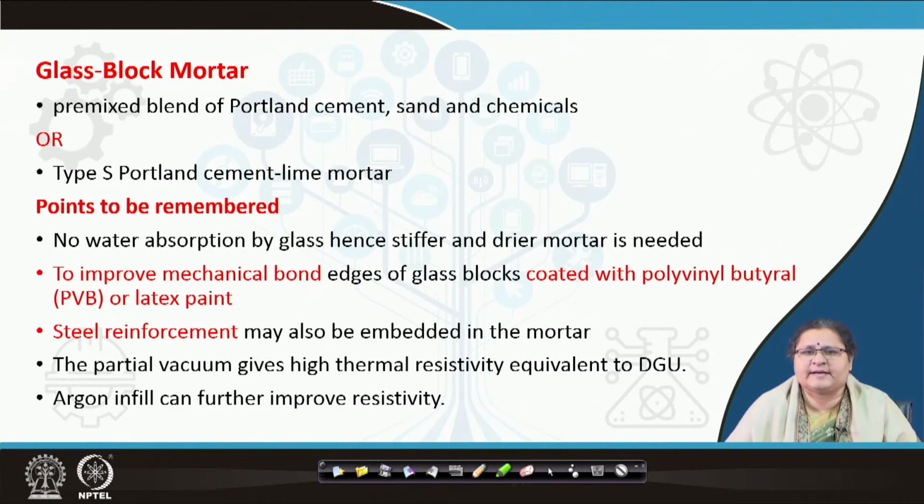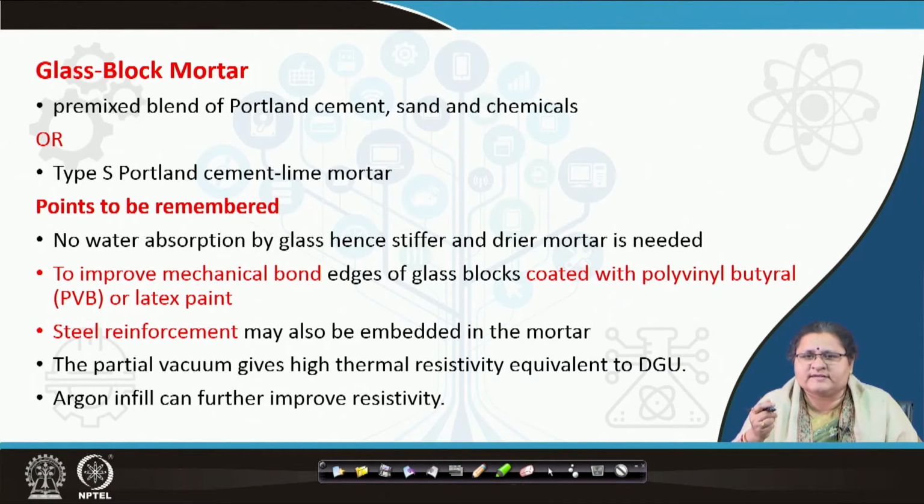Later we will have a chapter on paints, so let us not bother on this, but we can improve the mechanical bondage between the glass wall and the adjacent wall by coating with PVB or latex paint. Steel reinforcements may be pushed in, embedded in the mortar to make it stronger.